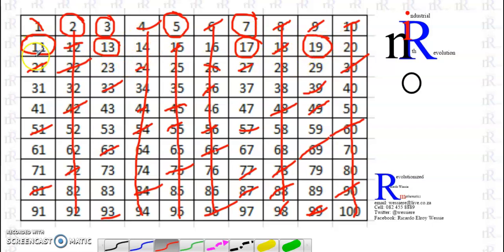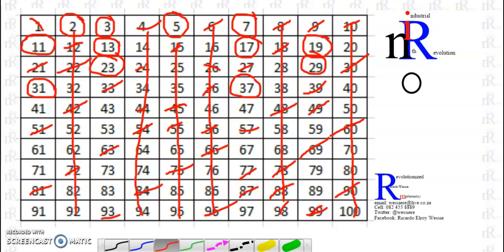Those are the main ones that we will work with, but it is not limited to that, as 23, 29, 31, 37 are also prime numbers that could potentially be used, but the main ones that we will work with are 2, 3, 5, 7, 11, 13, 17 and 19.